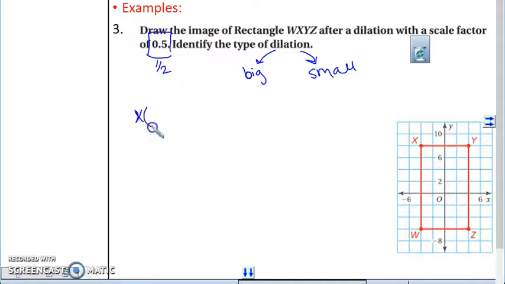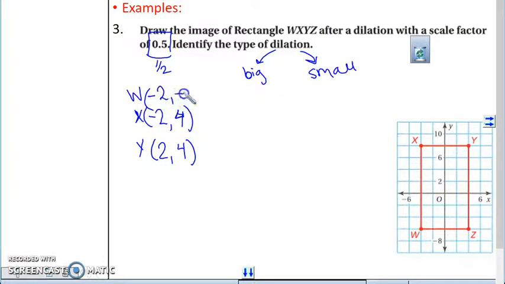X is left 2, up 4. Y is right 2, up 4. W should have gone before X. W is left 2, down 3.